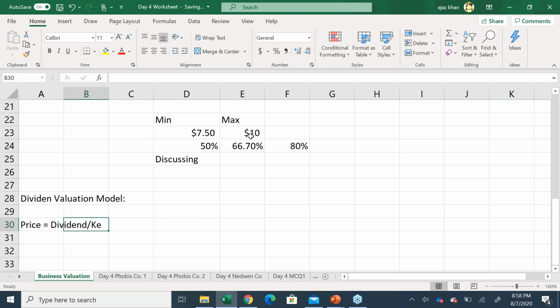Basically, they are calculating the present value of the dividends that they will be receiving throughout the life of the company.